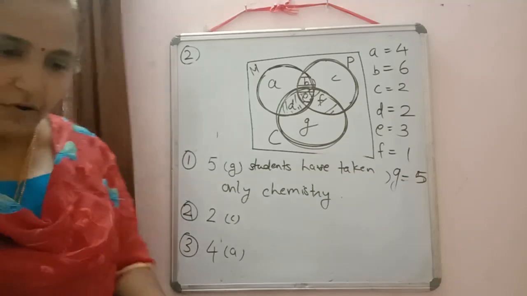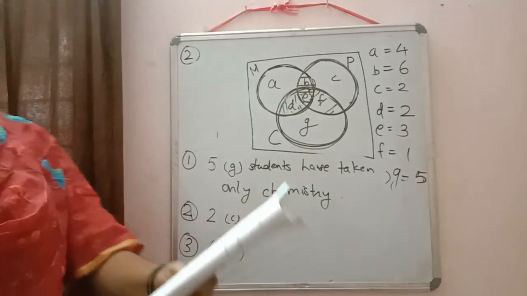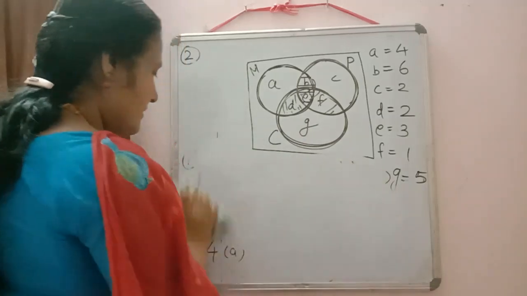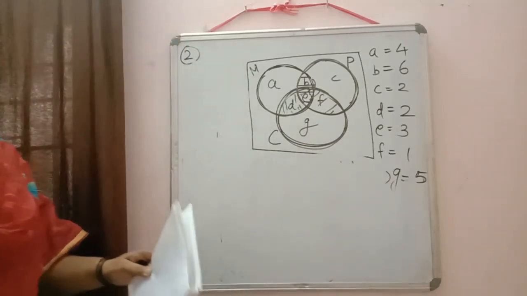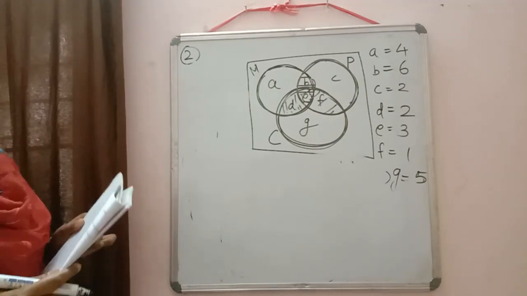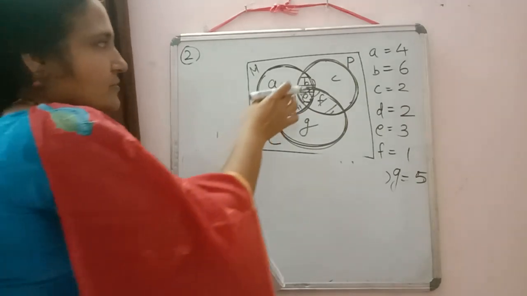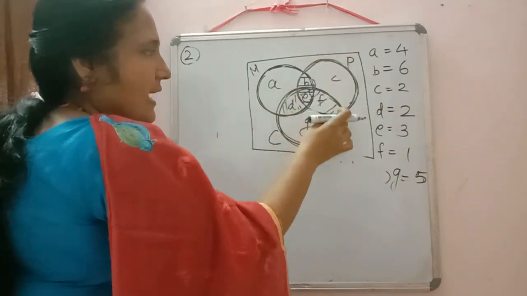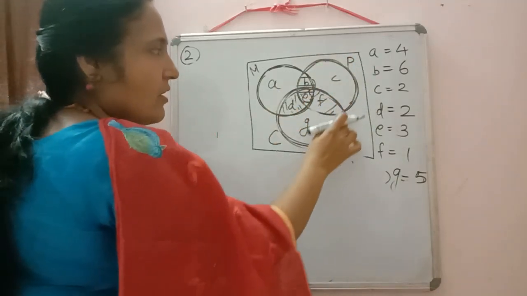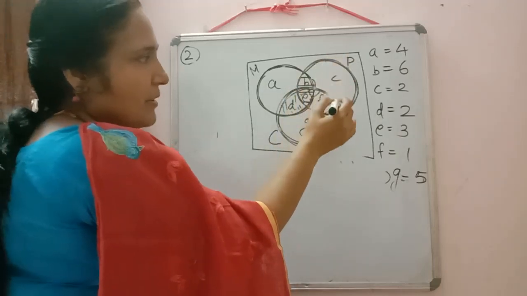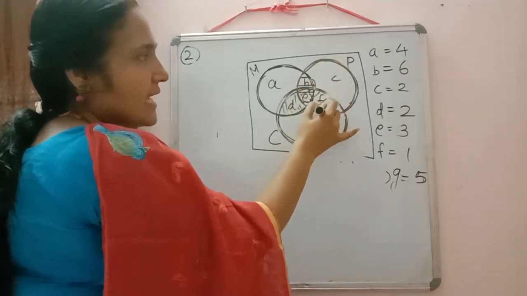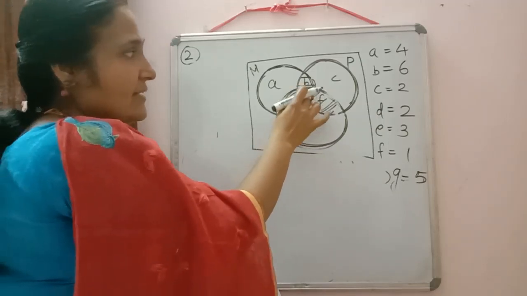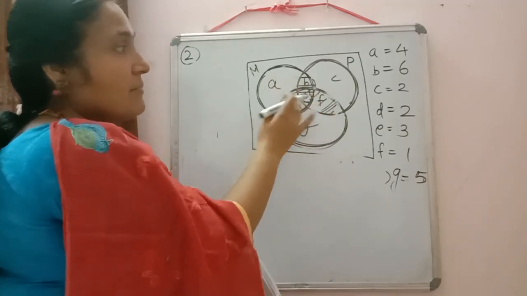Okay. Now next, the fourth one is physics and chemistry but not mathematics. They should have taken physics and chemistry but not mathematics. So the number of students who have taken physics and chemistry, that is F plus E. But E denotes the number of students who have taken maths also.